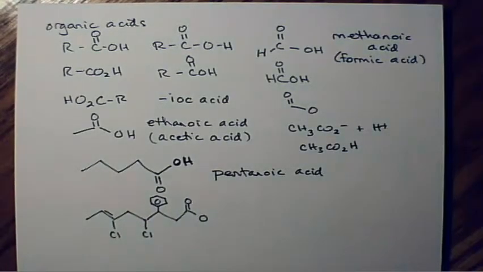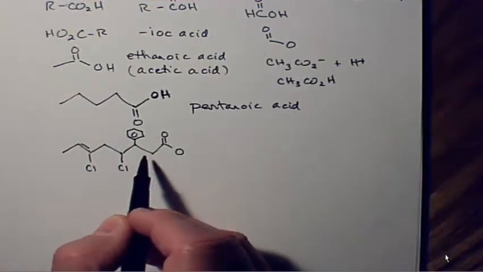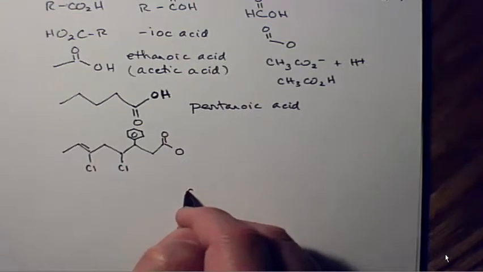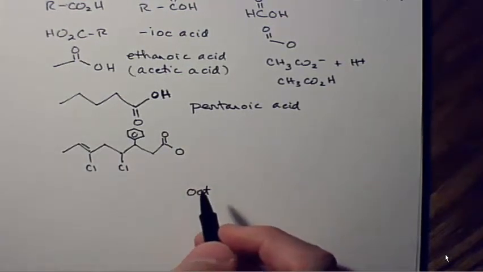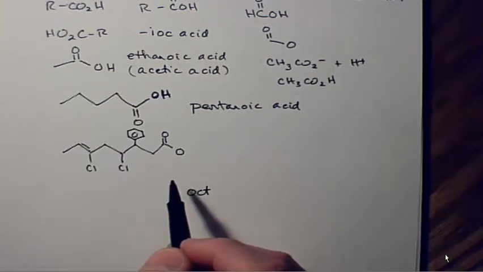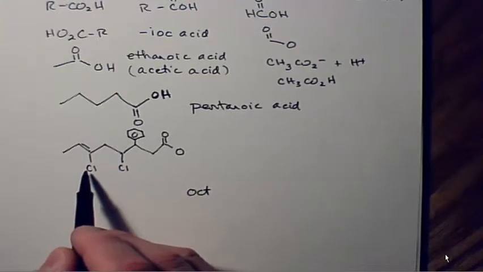Okay, name this compound. Name this chemical, please. There's 1, 2, 3, 4, 5, 6, 7, 8 carbons in the main chain. That's oct. For prefixes, we've got a phenyl group and 2 chloro groups.